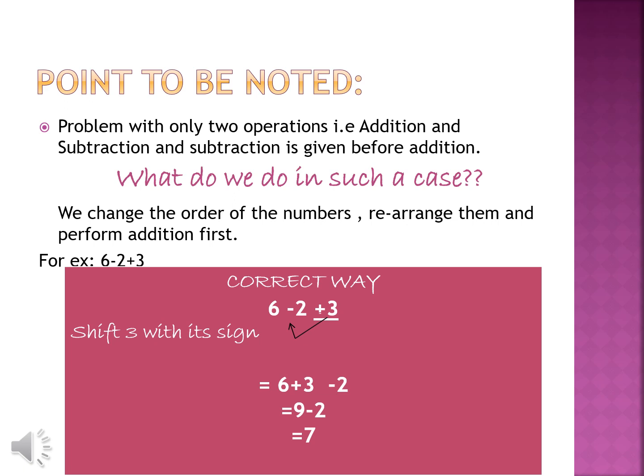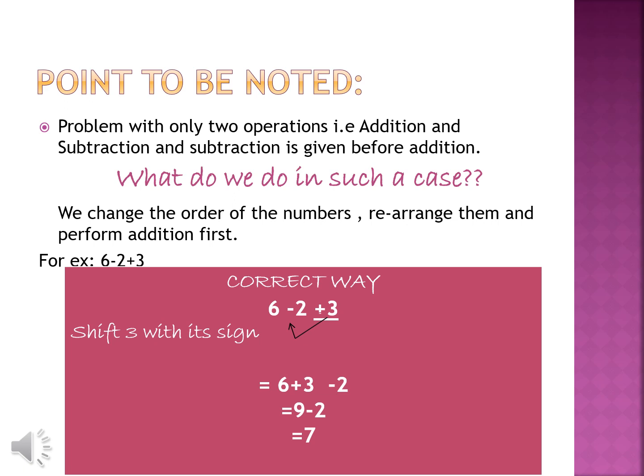Now let us see a case in which there are 2 operations, addition and subtraction. 6 minus 2 plus 3, but subtraction is given before addition, right? Here subtraction is given before addition. So what do we do in such a case? We change the order of numbers, we rearrange them and then perform addition first.